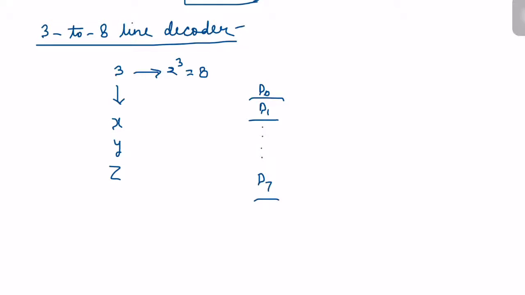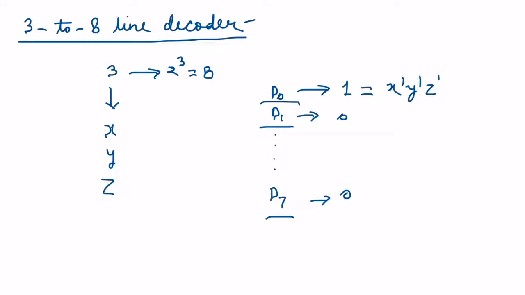If the input is 0, 0, 0, then the output line corresponding to D0 must be 1 and the others will be 0. So the D0 term equals x bar, y bar and z bar.